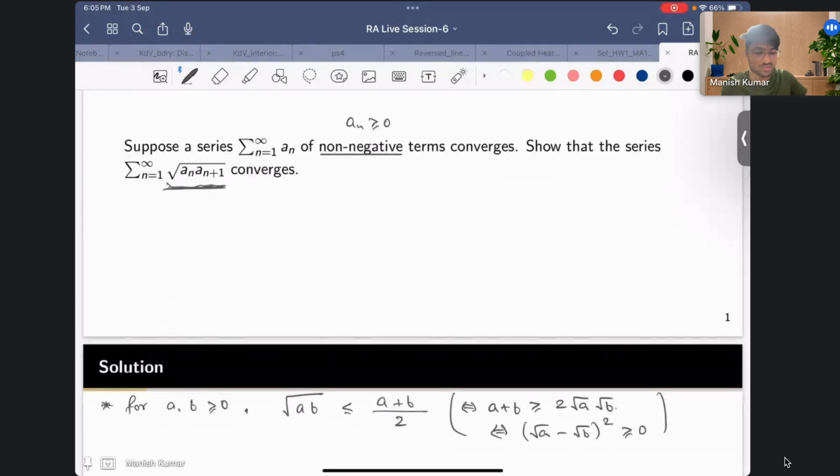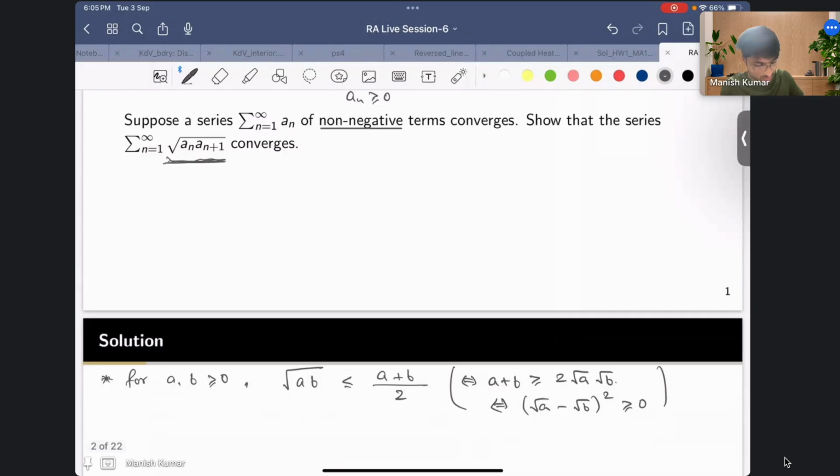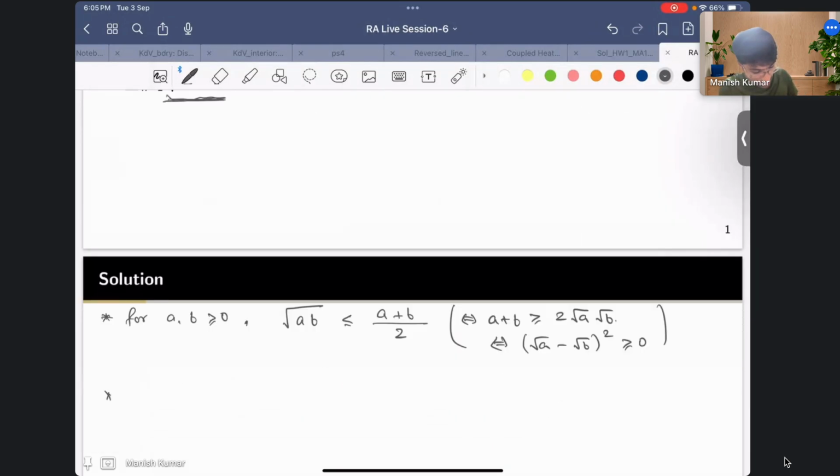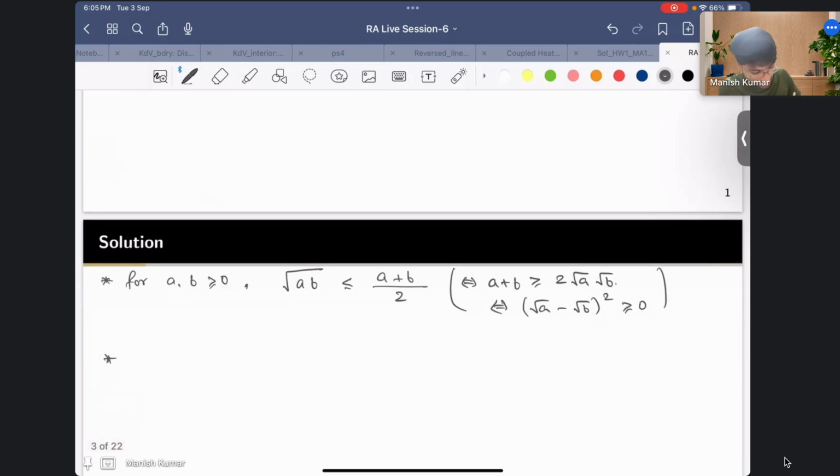Now I think the proof must be very clear to you. Now you can do the proof, right? It's very simple. You just have to do root of a_n times a_{n+1} less than or equal to (a_n plus a_{n+1}) by 2.